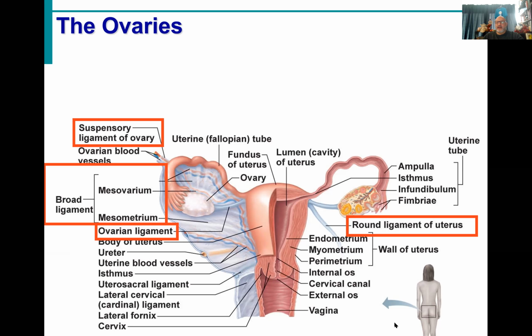And here we see, again, notice this is a posterior view we are looking at. That round ligament extends anteriorly to help anchor the uterus in place, while there is this large ligament known as the ovarian ligament that helps to anchor the ovary to the uterus.